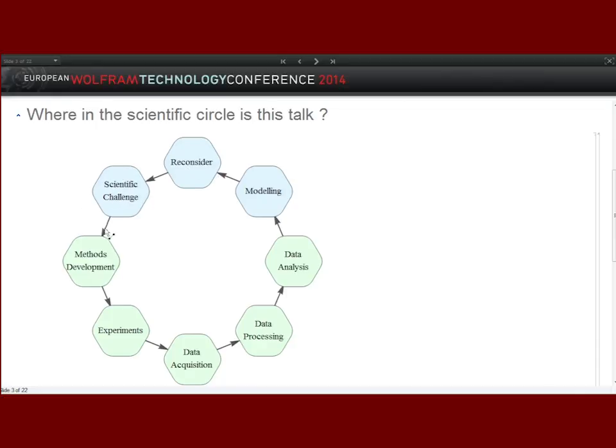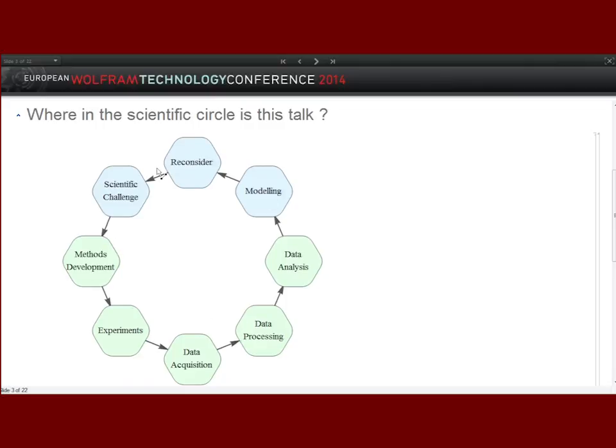We have a scientific challenge, and then we work through method development, experiments, data acquisition, and so on, to modeling. Then we reconsider what we want to do, and we start again by redefining the scientific challenge. I am somewhere between methods development and data processing, essentially in this part here.